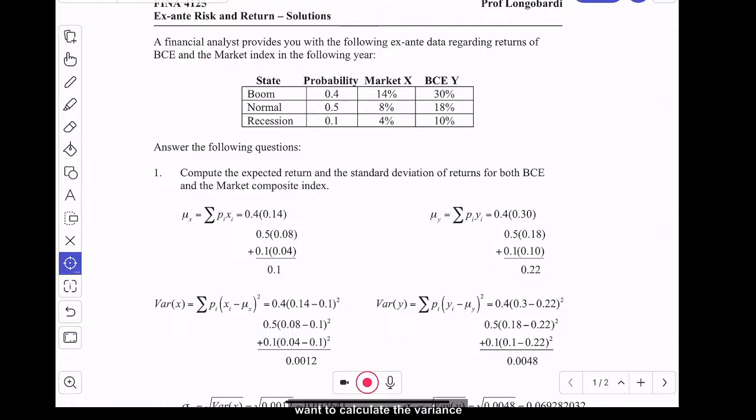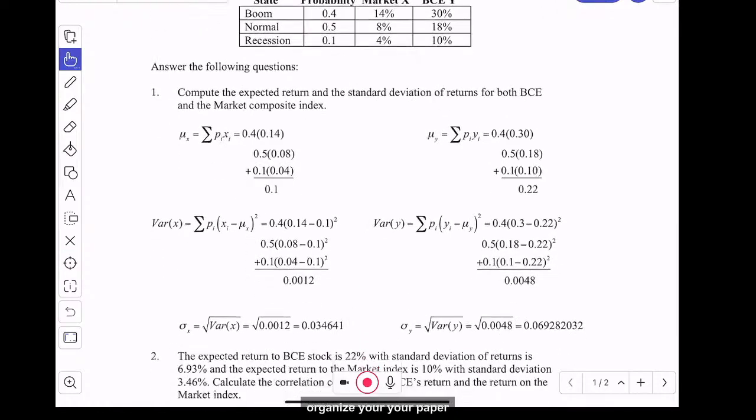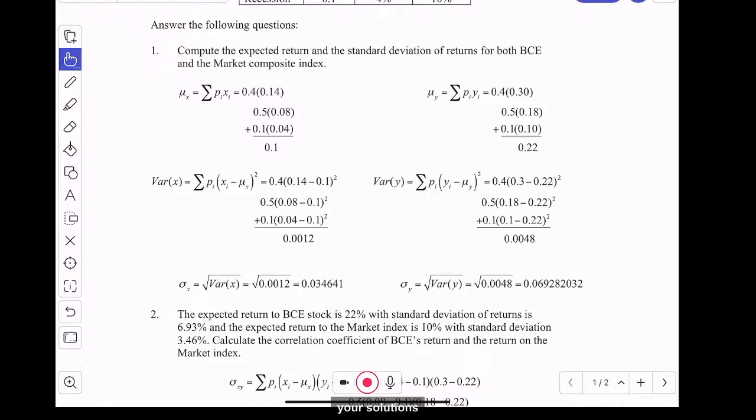So here, if I want to calculate the variance, it's the deviation from the mean squared. So I just take this column minus the mean, all the way down, and then take this column and put it here. So you're replicating what Excel does, but manually if you were to write this on paper. Use that concept of Excel to help you organize your solutions.